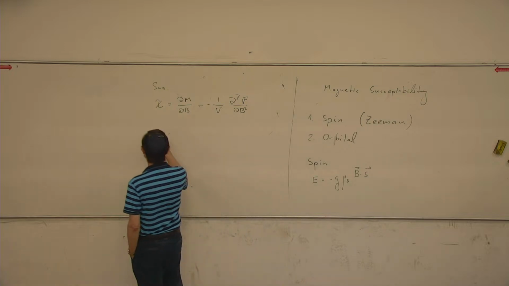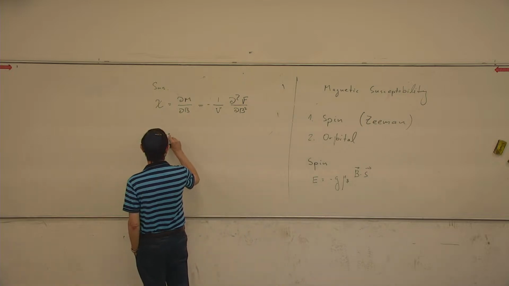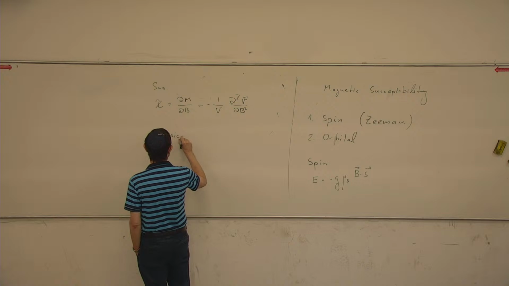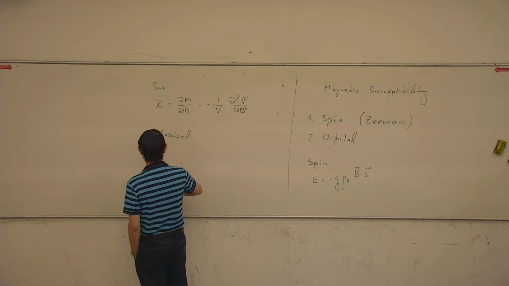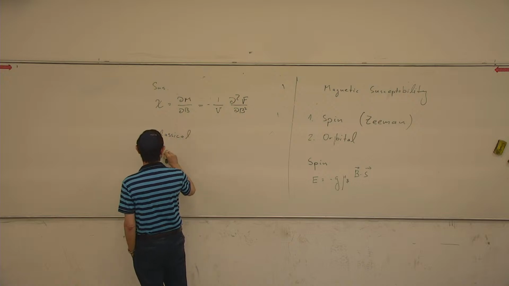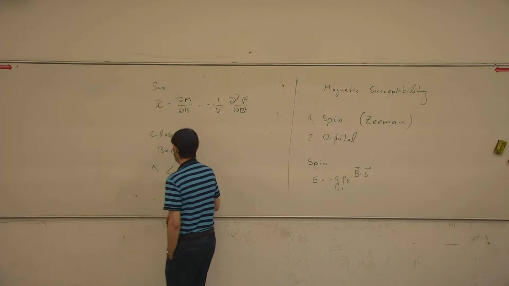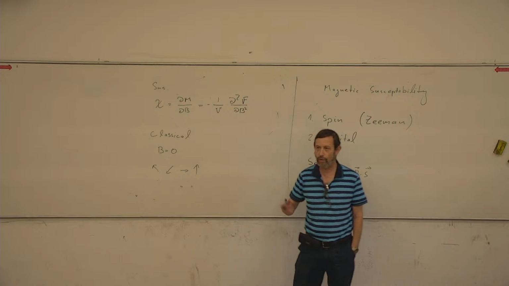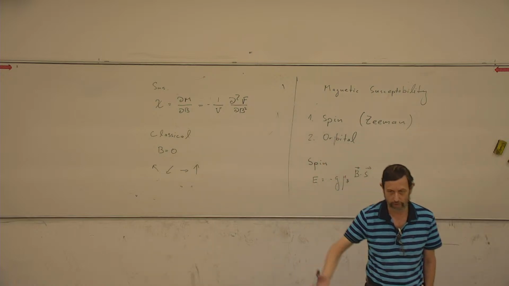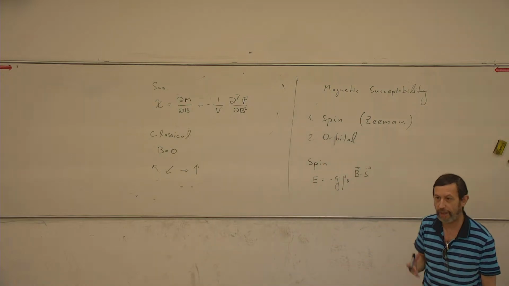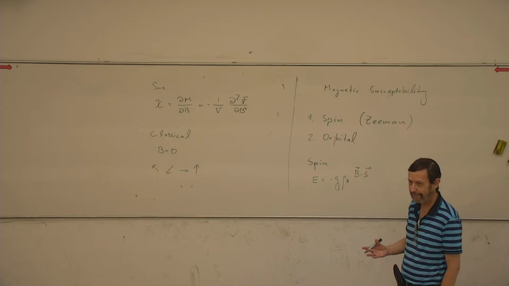The classical picture: at B equals 0, each electron is pointing with its spin wherever it feels like.